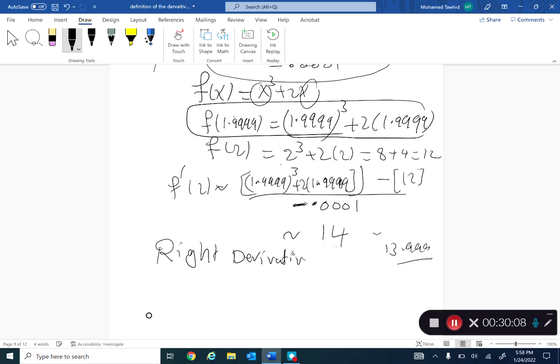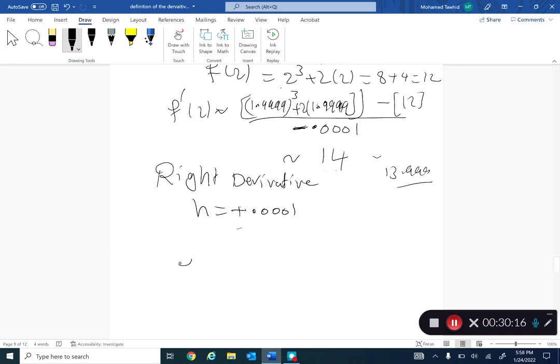How to compute the right derivative? I took h equal plus 0.0001, positive. Then what is your f prime of 2? This one means limit, or almost. What you have is f of 2 plus h minus f of 2, the whole thing over h.